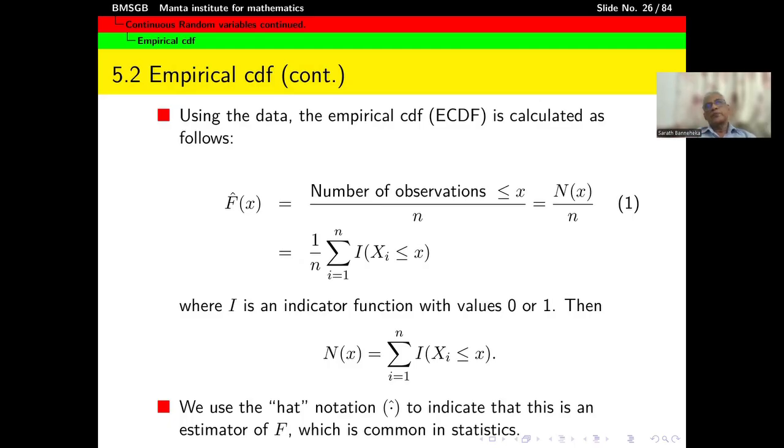Until that point, f at x will be 1 over n. After the second order statistic, until just before the third, f at x will be 2 over n. At the third order statistic, it will take the value 3 over n, and so on. So f at x is going to be a step function.